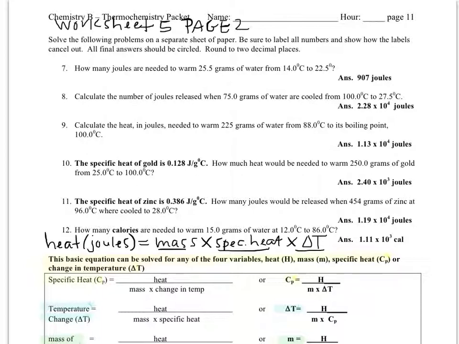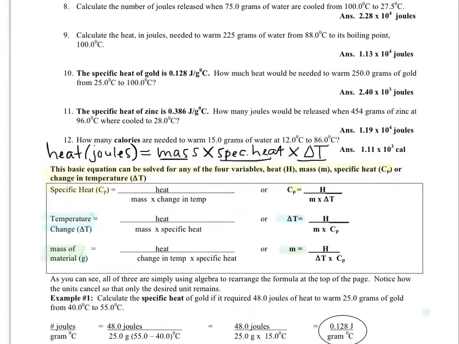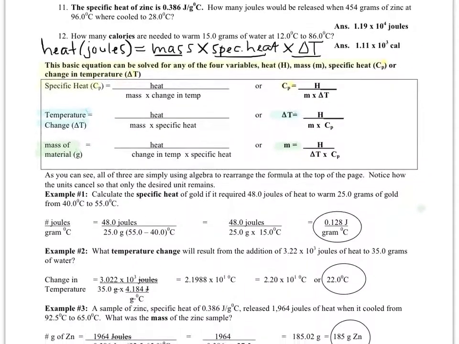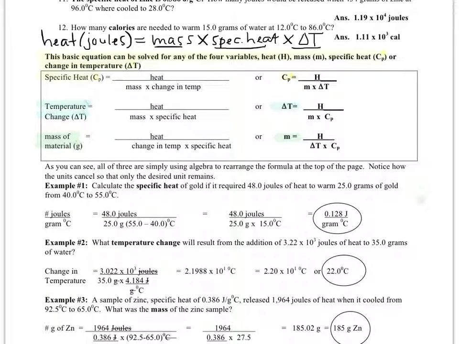So the only difference in the following problems is that we are going to use algebra to manipulate this initial equation to solve for either mass or specific heat or change in temperature. And if you're not really thrilled about the idea of algebra, the algebra has already been done for you.